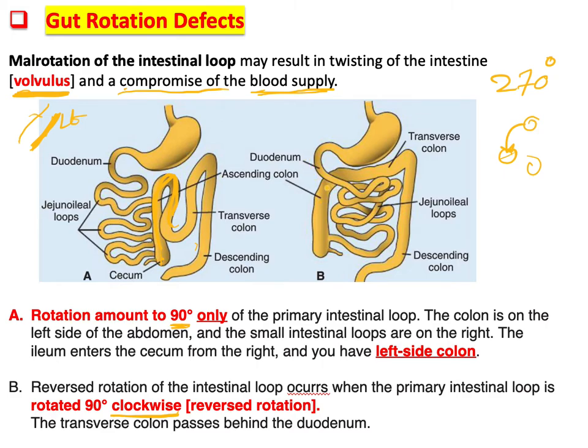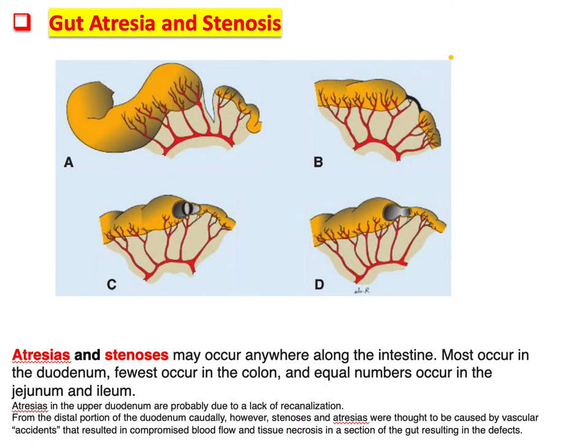Behind the duodenum. So the last abnormality of the development of the midgut is atresia and stenosis.